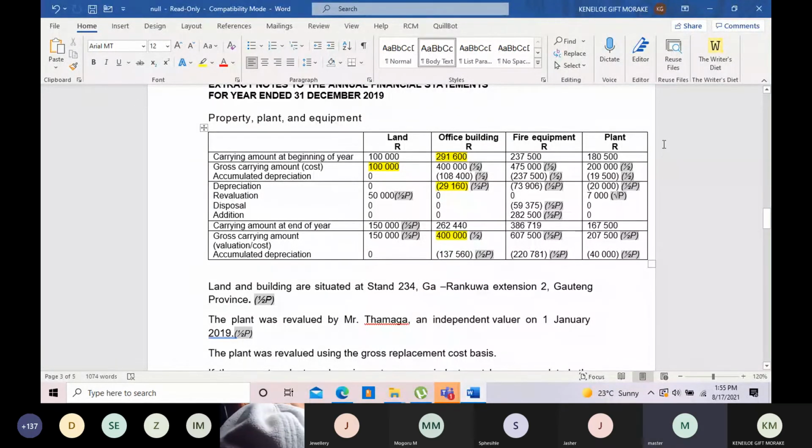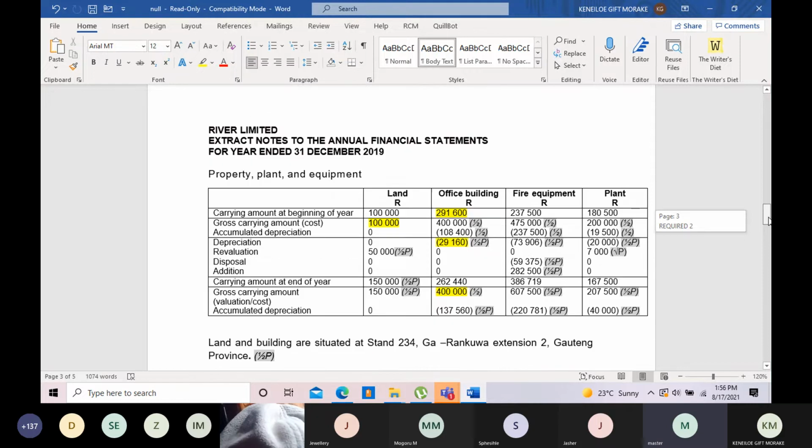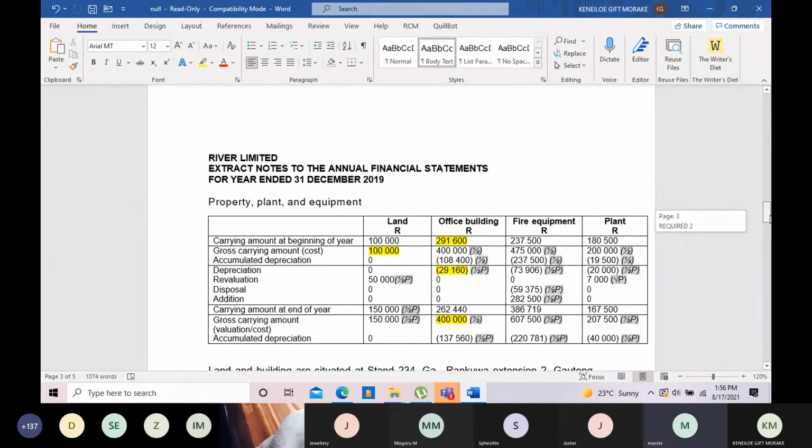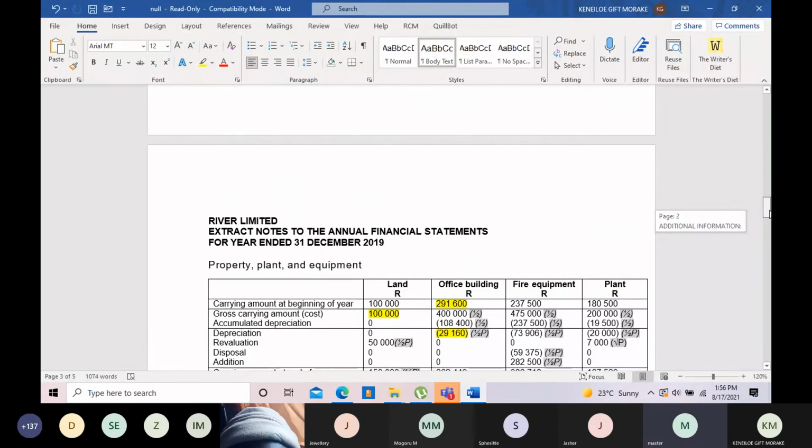So plant, I'm on plant now. The cost price is already there on top. This 200,000, we have half mark for just by recording this 200,000 rand. They give you half mark. Now let's go back there.